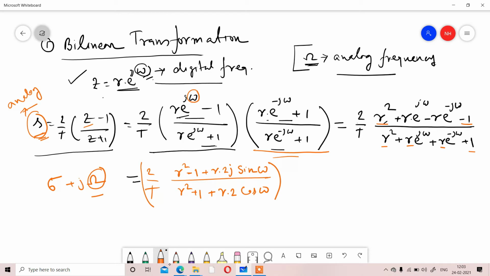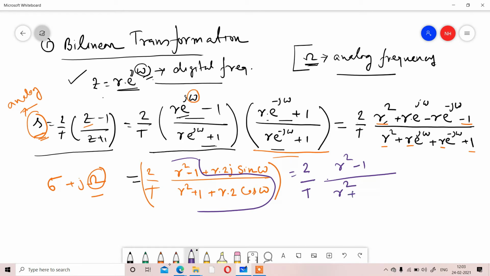So the real part will be this: 2 by t into r square minus 1 by r square plus 2r cos omega plus 1.